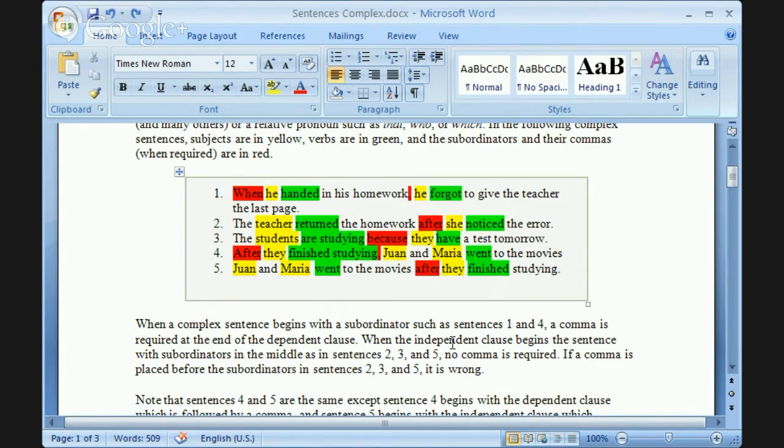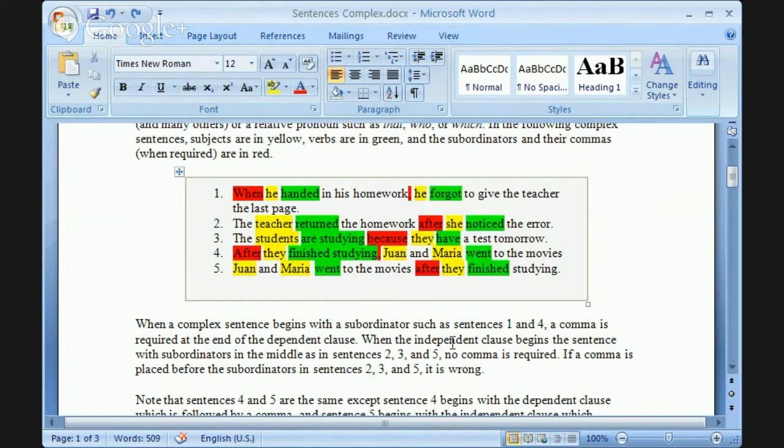I pause where there's a comma, and I actually have a final rising intonation as I finish the first clause. When he handed in his homework, my pitch rises at the end of the clause, which denotes the pause, denotes the comma, and the pitch change denotes the comma.